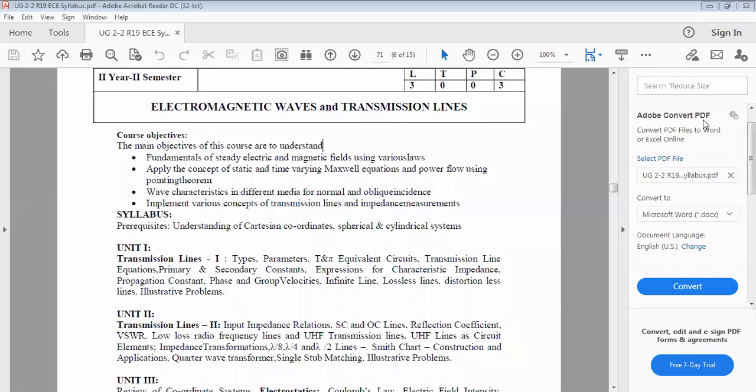Whenever the length of the transmission line or the wire increases, does the signal strength remain constant? No. When the length of the wire increases, signal strength decreases. But how does the signal strength decrease when the length of the wire increases? When the length of the wire increases, the resistance offered increases. Why? Because it is not a superconductor, it is just a conductor.